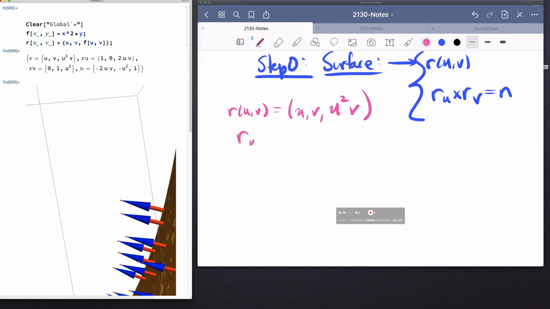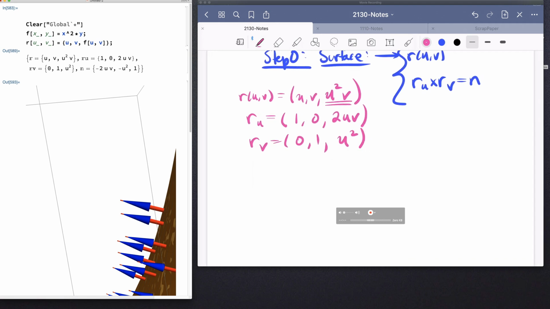The partial derivative r sub u is 1, 0, 2uv, taking the partial derivative of the last entry with respect to u. r sub v should be 0, 1, and the partial derivative with respect to v is u squared.